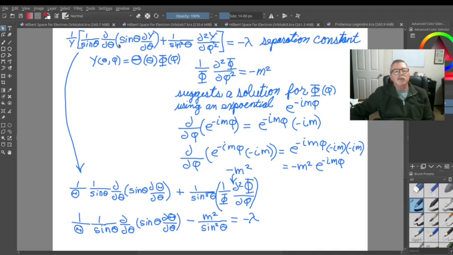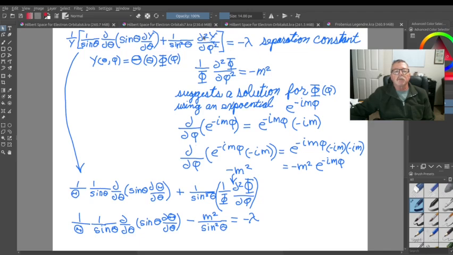As we look through this, we notice there's no phi angles except in this expression right here, this second derivative. That second derivative can be shown to have a solution of negative m squared. Now let's prove that. And why did I choose m? Well, m is going to be a solution to this, so we can replace the Y with this negative m squared.